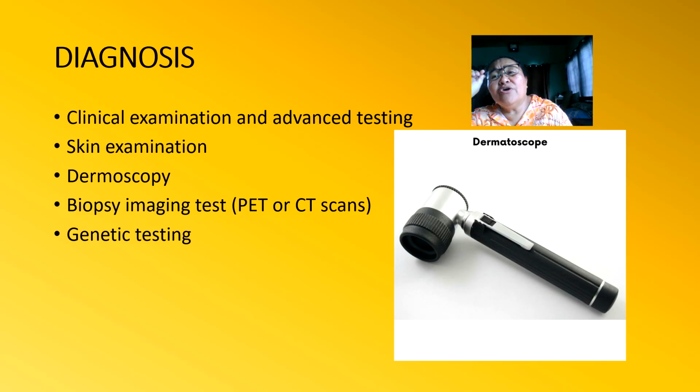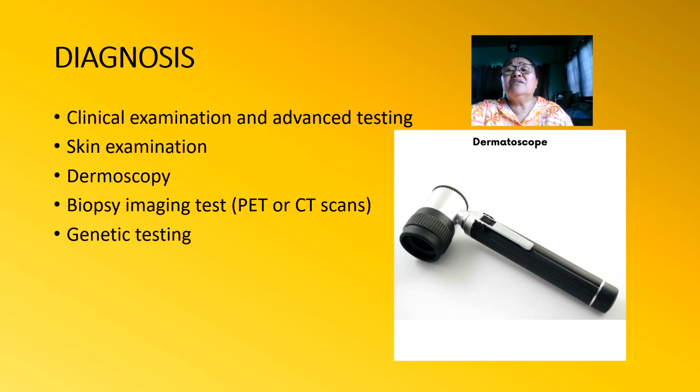Tumor tissue may be tested for genetic mutations, particularly BRAF mutations. Identifying these mutations helps guide treatment decisions, especially the use of targeted therapies.